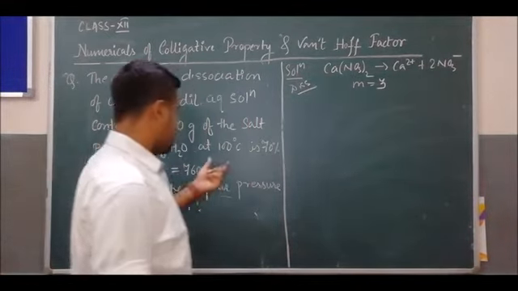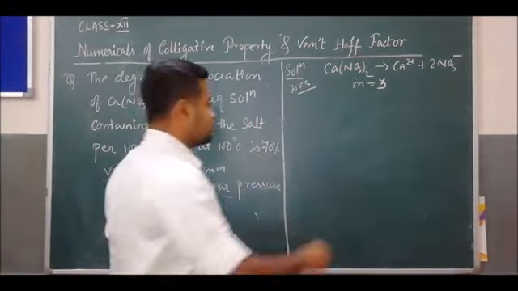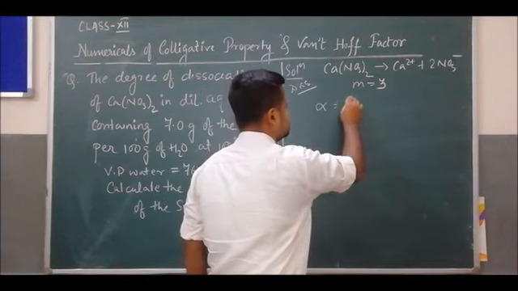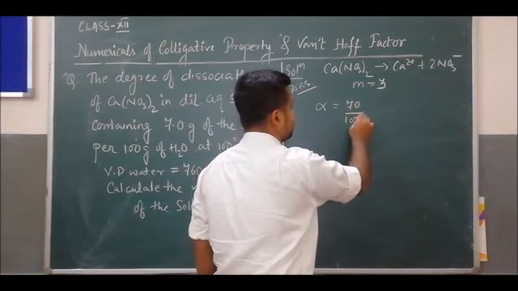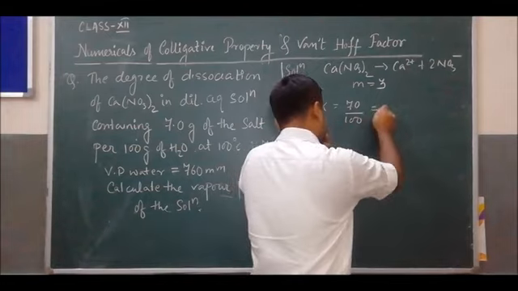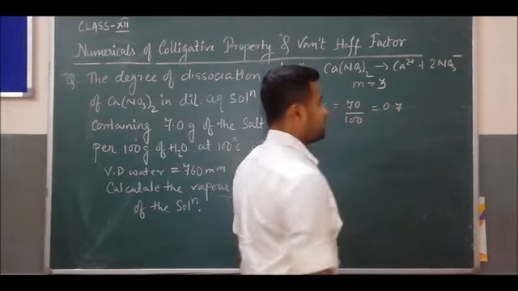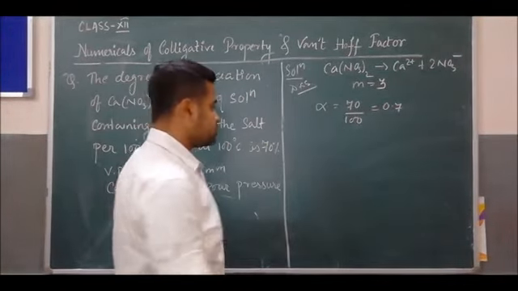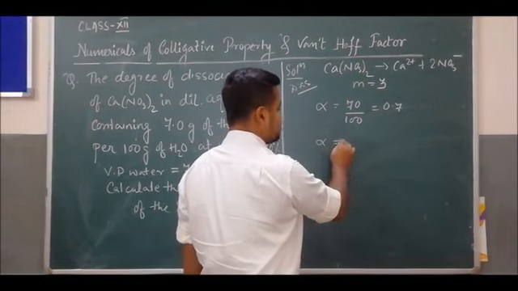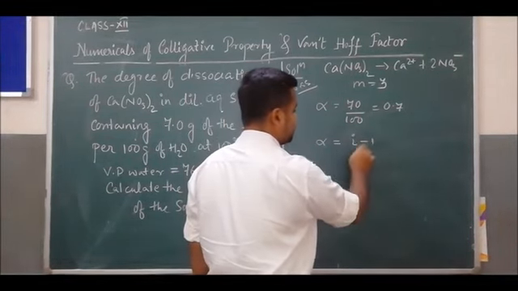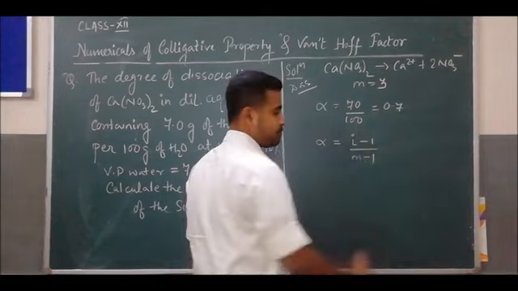So here alpha is equal to 70%. So alpha, what can we write? Alpha is equal to 70 by 100, that is equal to 0.7. We know that alpha is equal to (i minus 1) by (m minus 1).